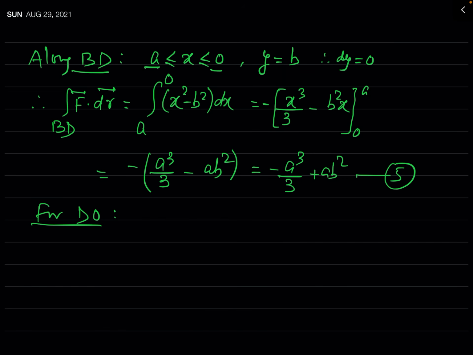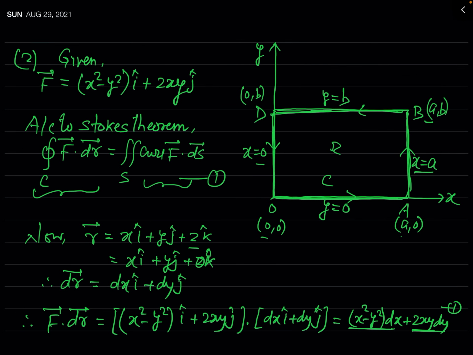So for this path, 0 is less or equal to y, and y is less or equal to b, and at the same time x is constant with the value 0, and therefore dx will be equal to 0. So now see equation number 1.